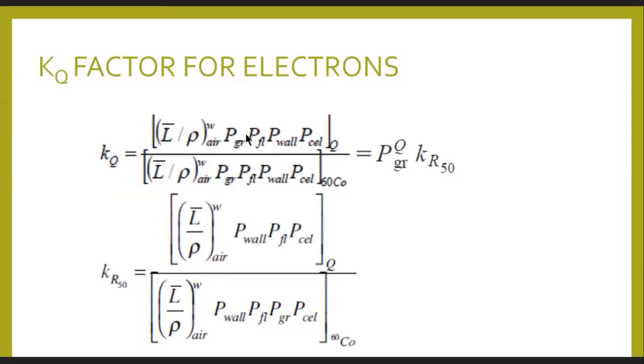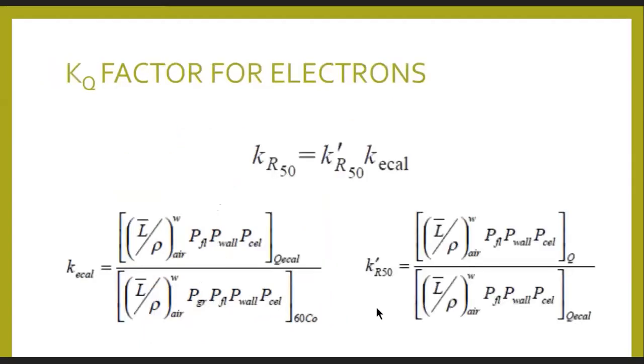Then if we take out the gradient correction factor, it becomes KR prime, KR50. And all of these values are Monte Carlo generated ones. Then they split the KR50 into two factors, the KR50 prime and Ka cal. And I'll be explaining all of these quantities in the next slides.